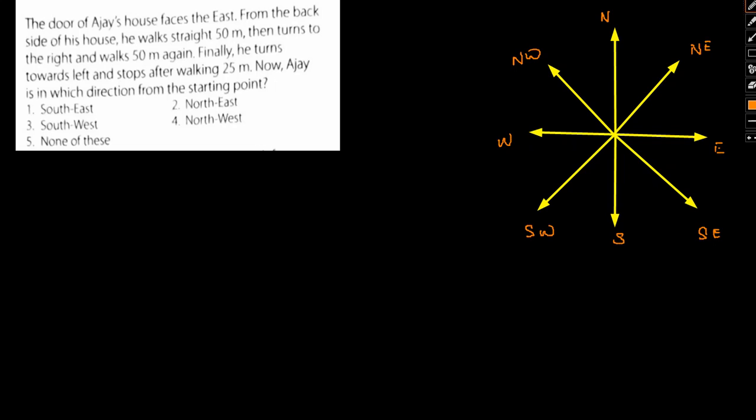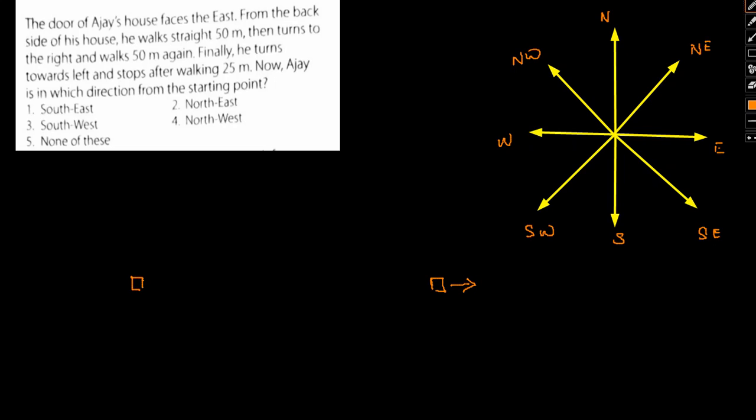Ajay's house door faces east, and he enters from the back side of the house. So if his front door faces east, suppose this is his front door facing the east direction, his back side of the door would be on the west direction.